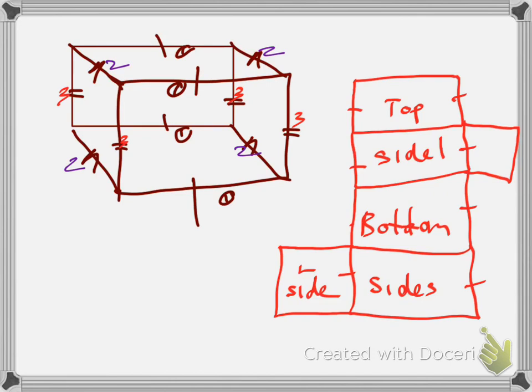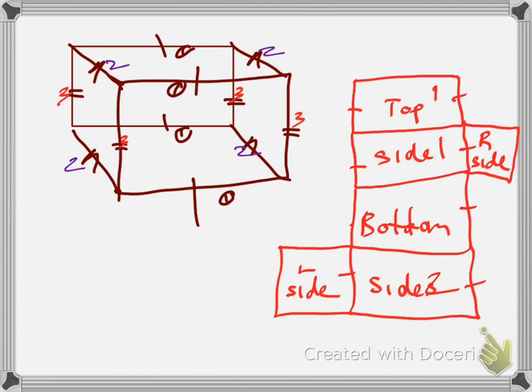It has got the top, the bottom, the side 1, the side 2. And then it has got the left side and it has got the right side. So which means now you use the knowledge which we used in 2D shapes to calculate the areas of all these shapes here. We've got 6 of them.